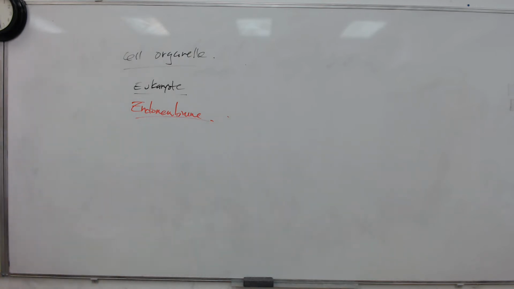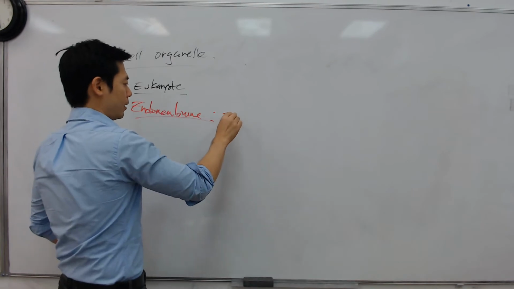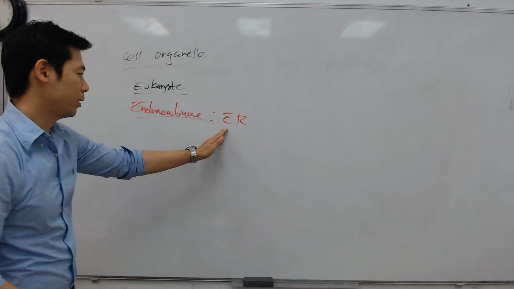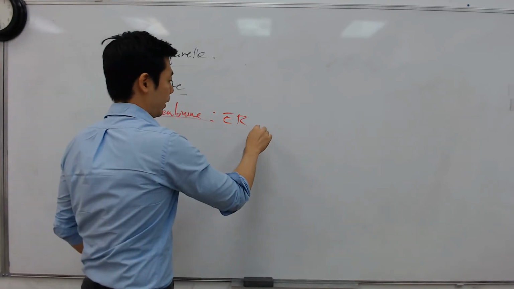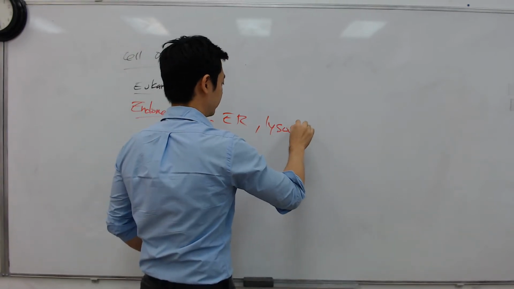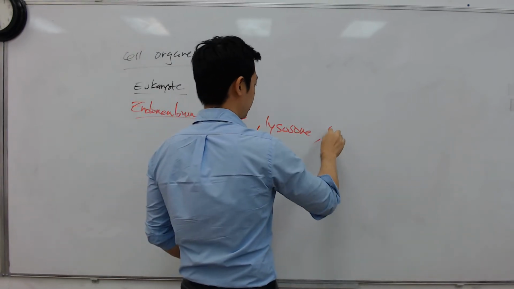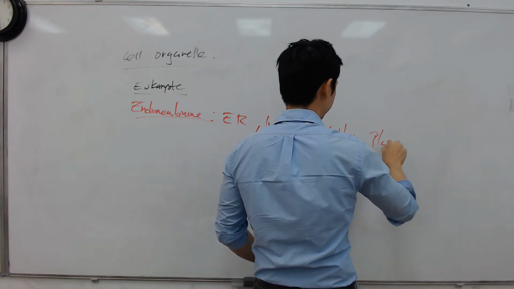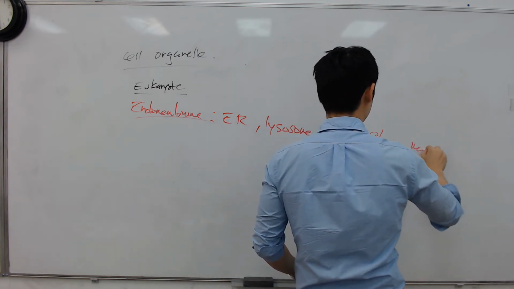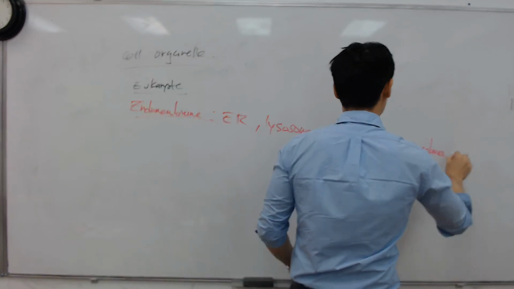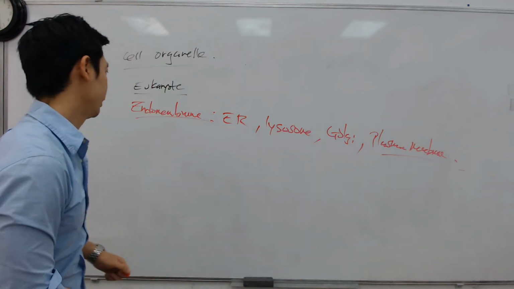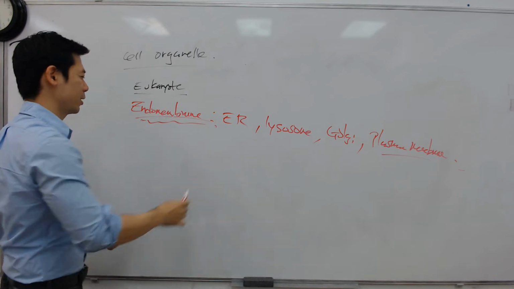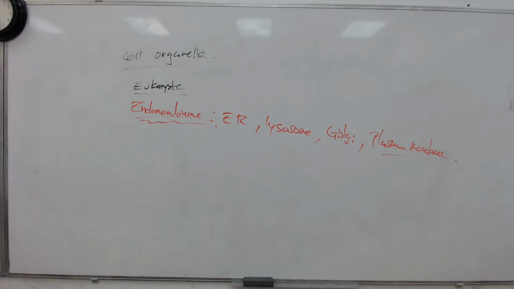Endomembrane refers to the ER, which is endoplasmic reticulum, and also the lysosome, and also the Golgi apparatus, and also the plasma membrane. I'll put it there. So these are what they call the endomembrane system. It's a fancy name for something simple, okay?